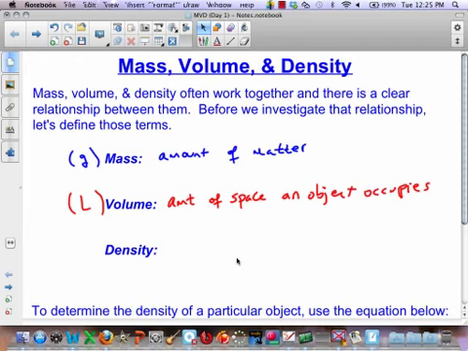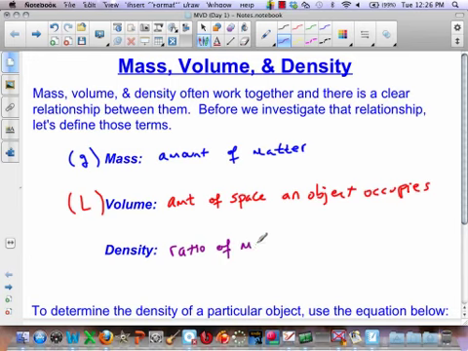And when we think about density, it's the same thing. It's the ratio of mass to volume. That's probably the best definition I can give you. It's the ratio of mass per unit volume.